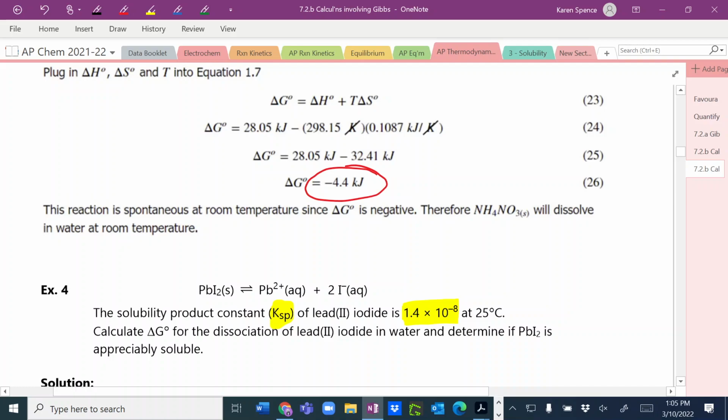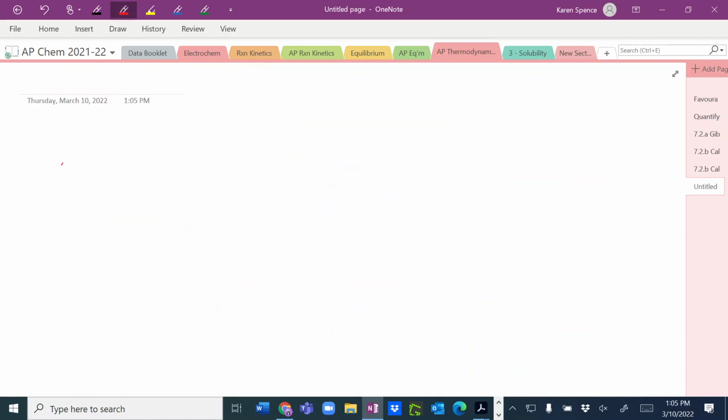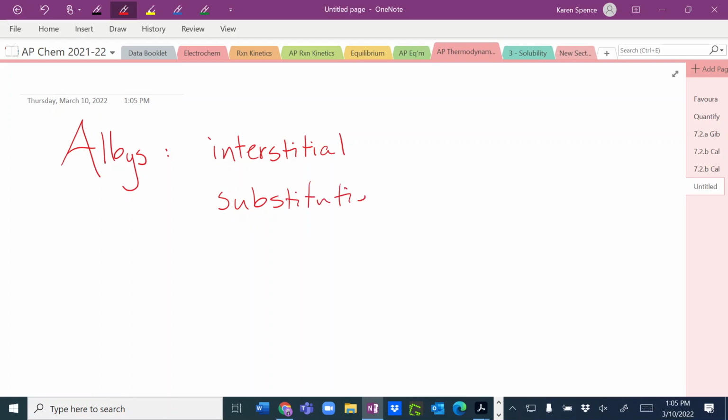I think we did. There's really not a lot to alloys. There's like, do you remember the two types of alloys? There's interstitial and substitutional. And quite frankly, the name says it all.